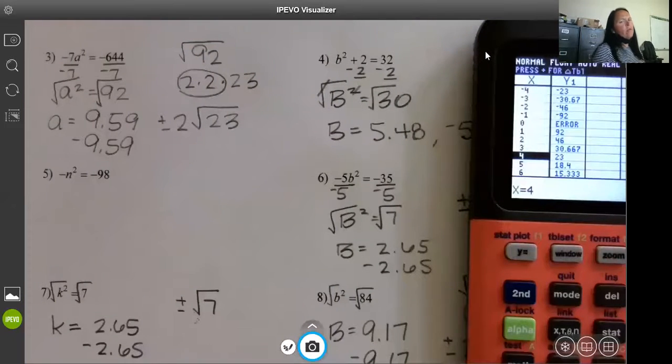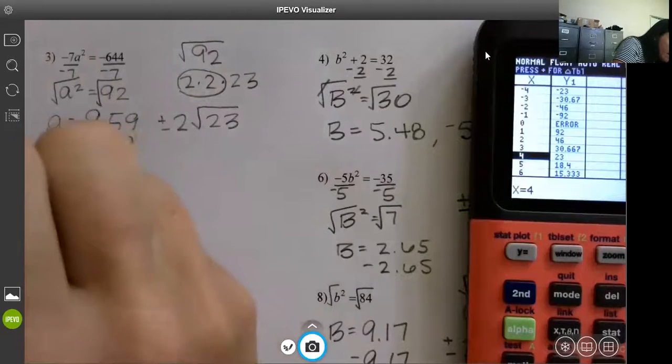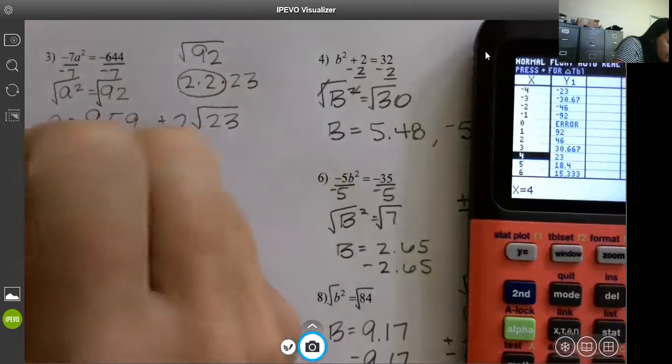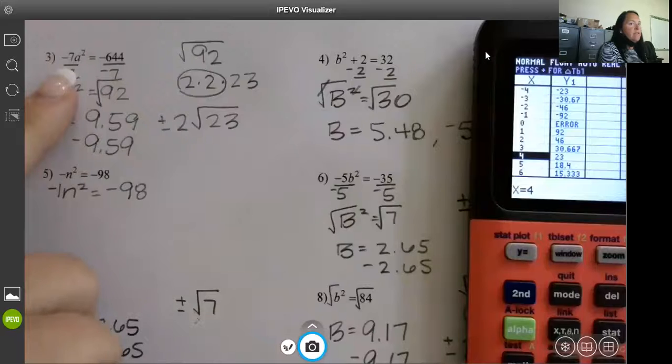All right, number 5, what do I need to do? How do I get n squared by itself? Divide by what? -1. Yeah, remember this is the same thing, just in case you need to write it. -1 n squared equals -98. So remember there's always a 1 there. So it looks just like the problem we just did. So -7 was there, we divided by -7.